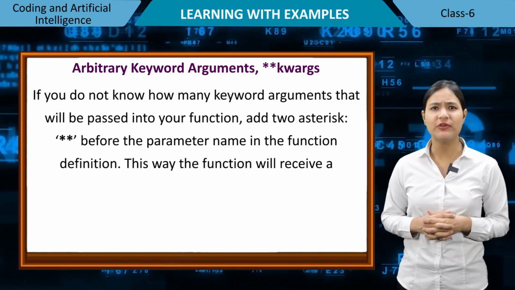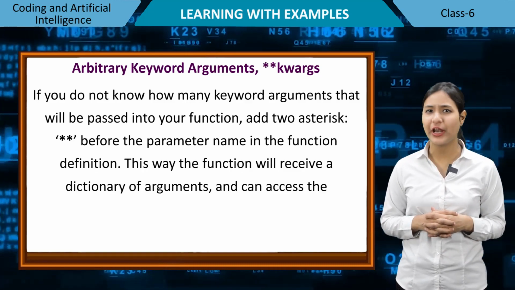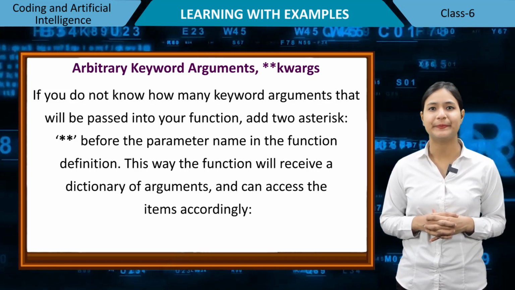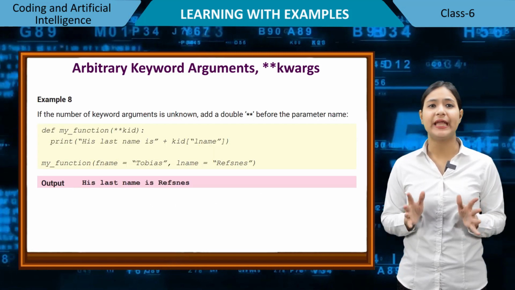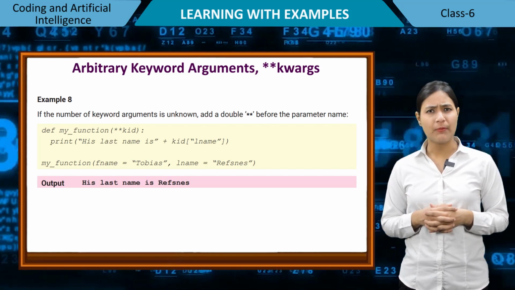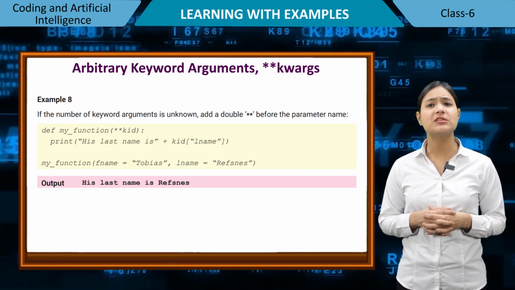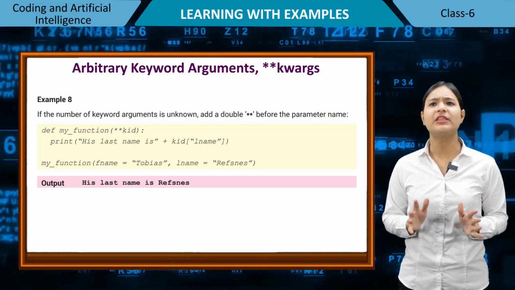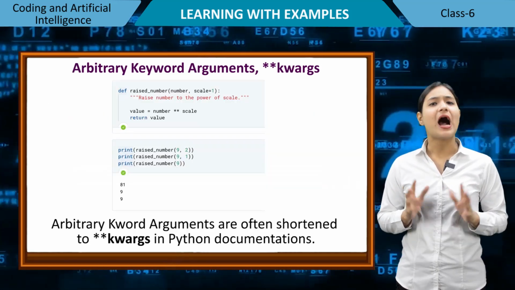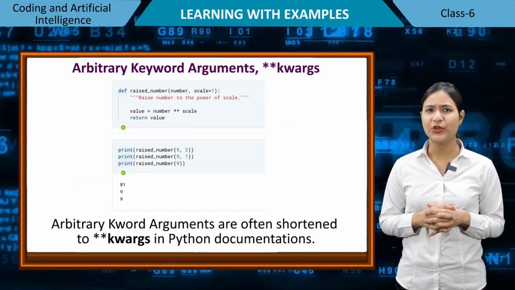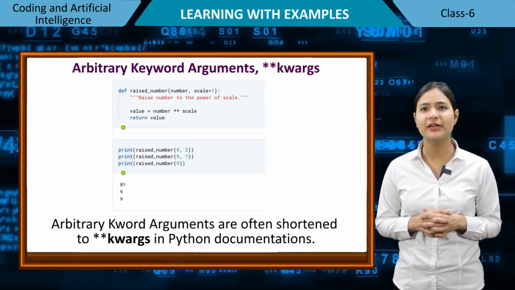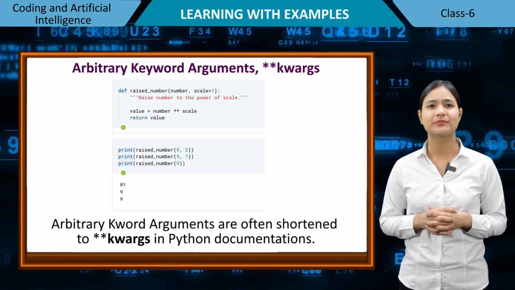This way, the function will receive a dictionary of arguments and can access the items accordingly. Example 8. If the number of keyword arguments is unknown, add a double ** before the parameter name. Arbitrary keyword arguments are often shortened to **kwargs in Python documentations.